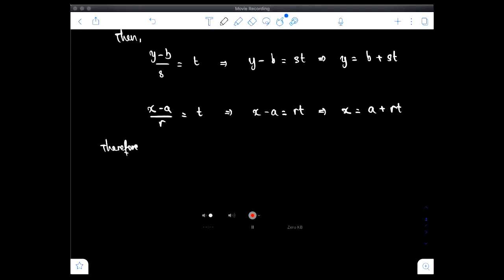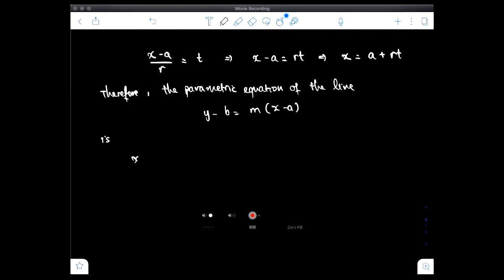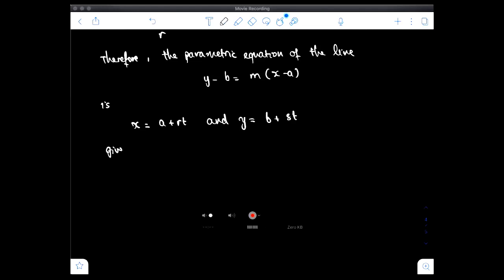Therefore, the parametric equations of the line y minus b equals m times x minus a are x equals a plus r t, and y equals b plus s t, given that m is s over r, for r different from 0.